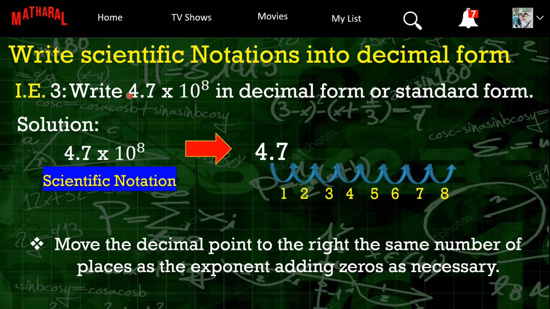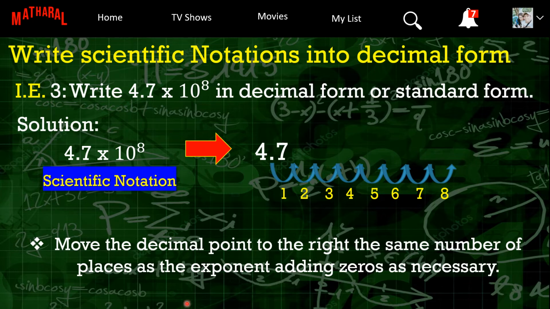Before we process the solution, let's have the guide. We have to move the decimal point to the right the same number of places as the exponent, adding zeros as necessary. For our solution, we're going to recopy the 4.7 times 10 raised to 8 power as scientific notation.